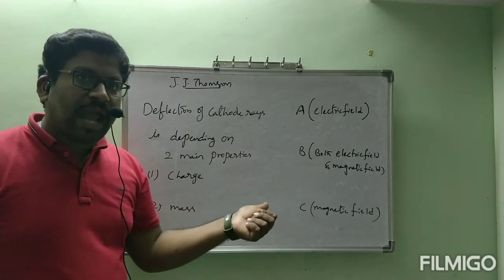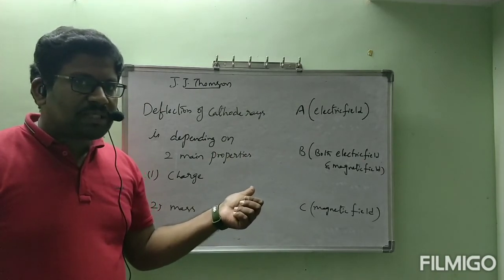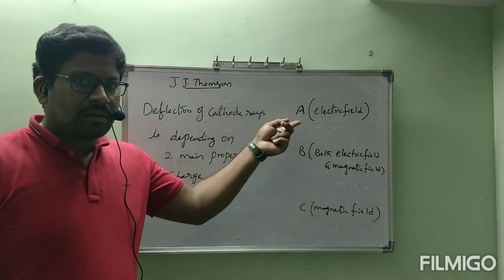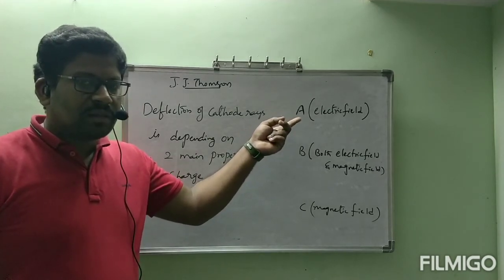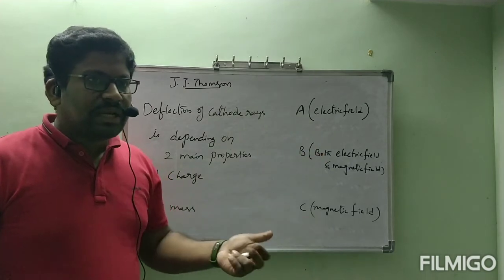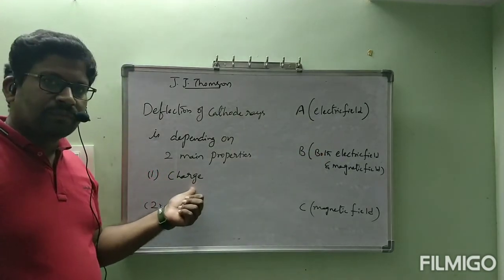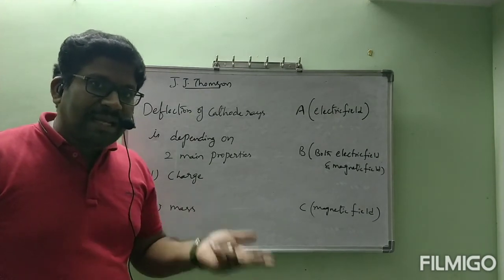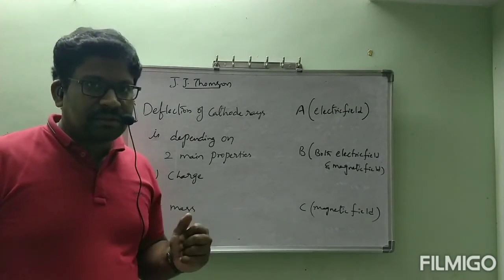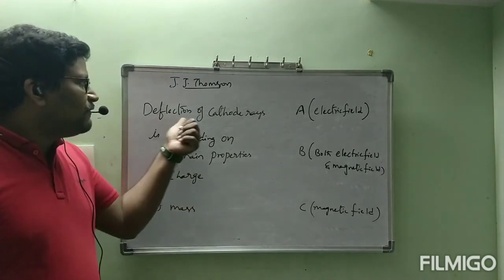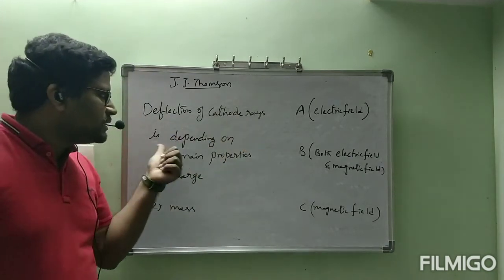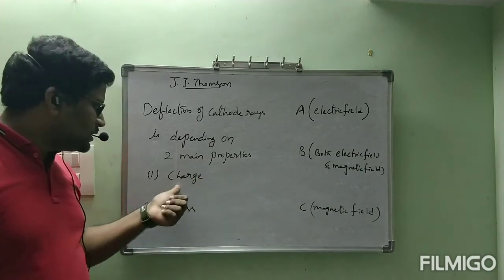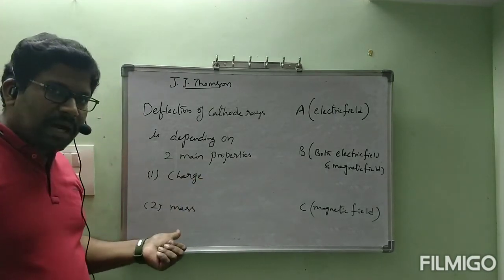If you take a proton, anode rays, that deflection might not be at A in the presence of electric field. That might be different because it is depending on charge. If the charge is changed, the deflection, angle, position might be changed. Correct or not? So deflection of cathode rays is depending on two main properties. What are those? Charge and mass.